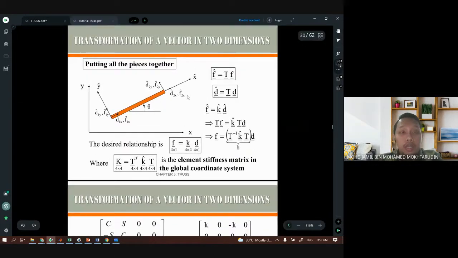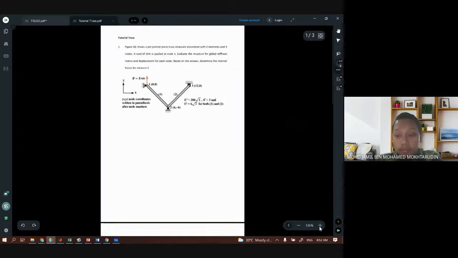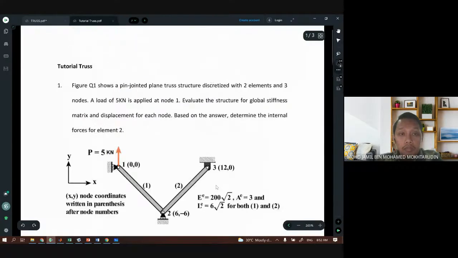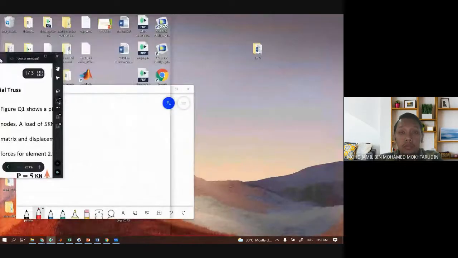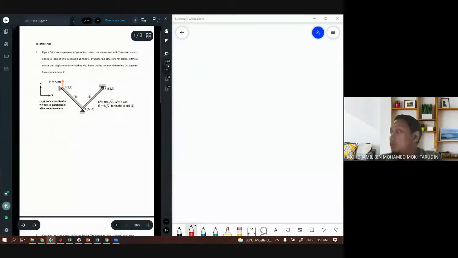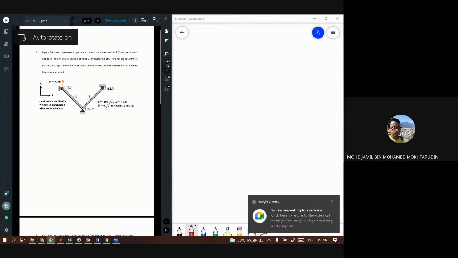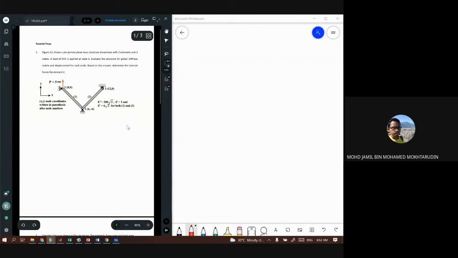Okay, so let's go on looking at the tutorial questions one by one. Question number 1. Figure 1 shows a pin-jointed plane truss structure discretized with 2 elements and 3 nodes.